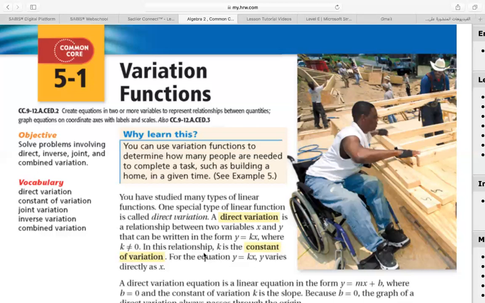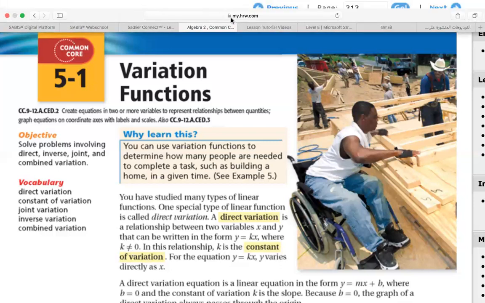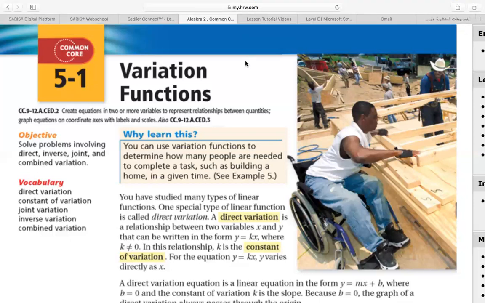In this relationship, k is the constant of variation. For the equation y equals kx, y varies directly as x.